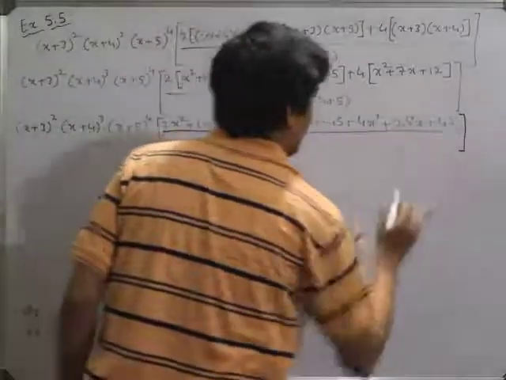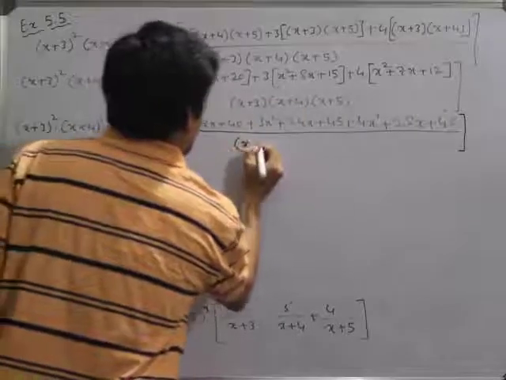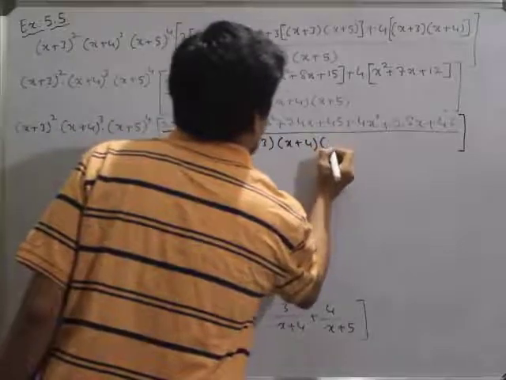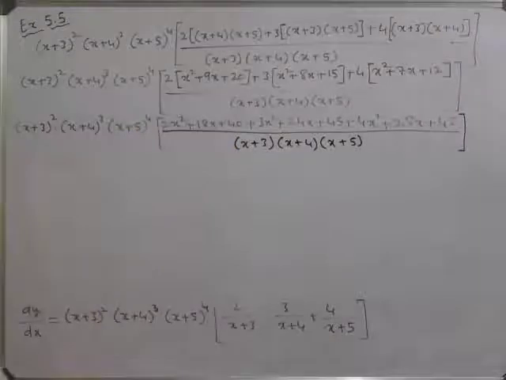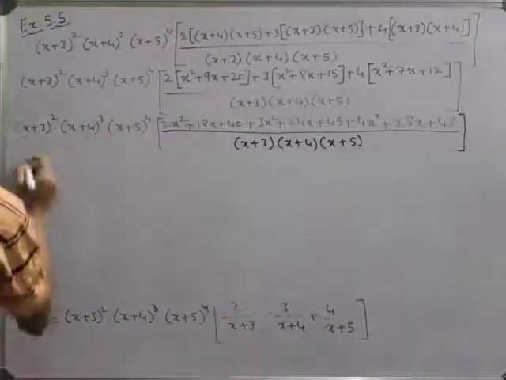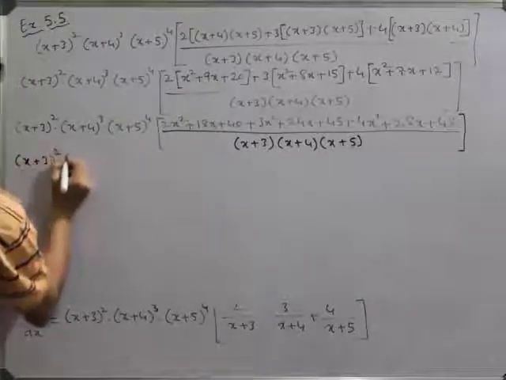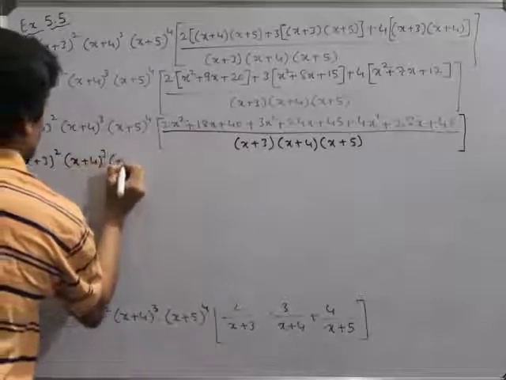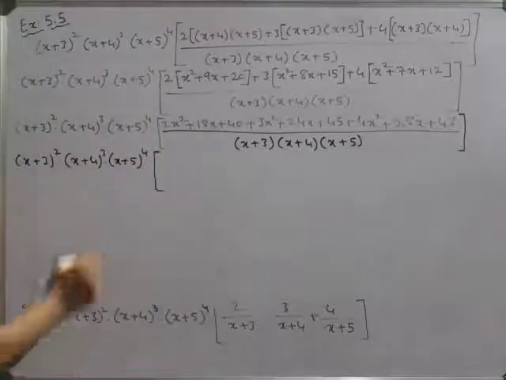I needed to refill the marker. Here it is. So let's write it as it is: (x+3) into (x+4) into (x+5). That is the denominator as it is. Now write this term as it is: (x+3)^2 into (x+4)^3 into (x+5)^4 into, now add all these things.